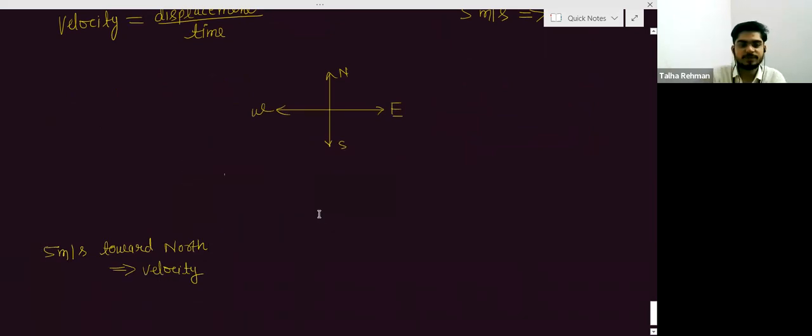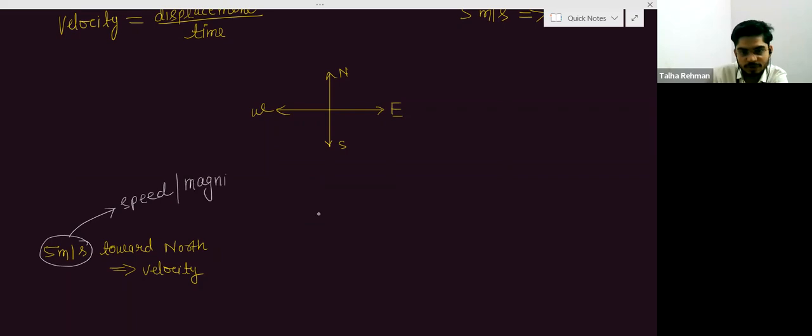This 5 meter per second is known as the speed or magnitude of velocity. Magnitude, or you can say the numerical value of velocity.